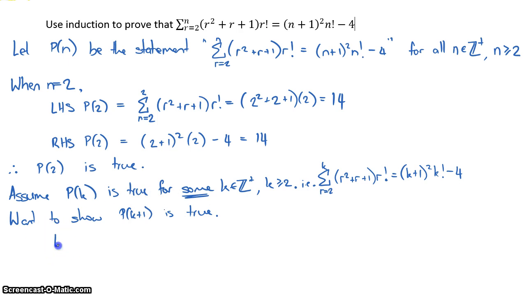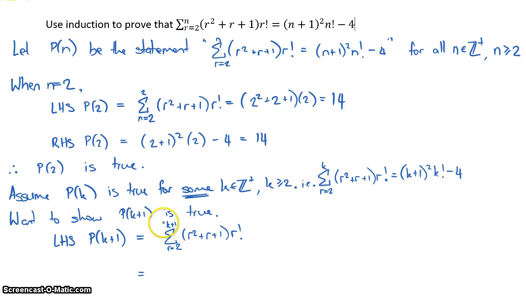How do I do this? I start with the left-hand side of Pk plus 1. That's going to be the sum to k plus 1 from r equals 2 of (r squared plus r plus 1) times r factorial. Now, one thing that I really need to do is make use of my induction hypothesis somehow.